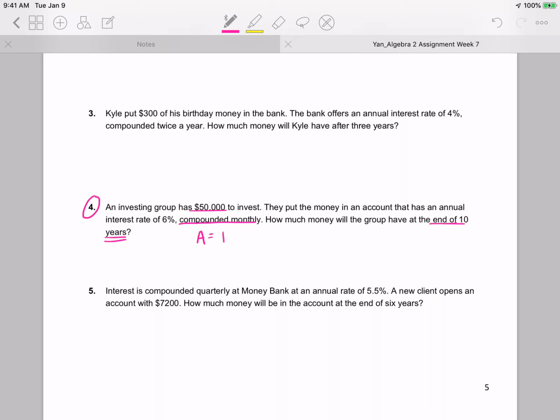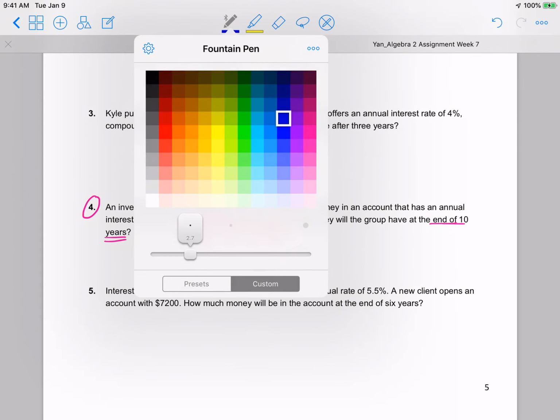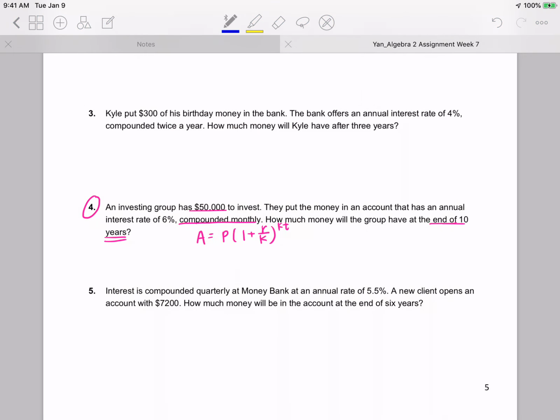We have A equals P times 1 plus R over K to the KT. The only information that we have is P, which is 50,000, and R, which is 0.06, over K compounded monthly. So monthly is 12 at the bottom and also 12 up here.